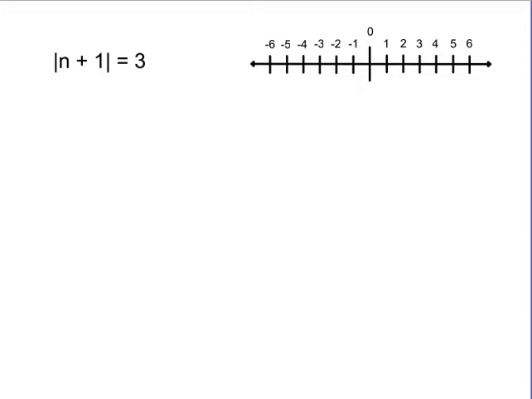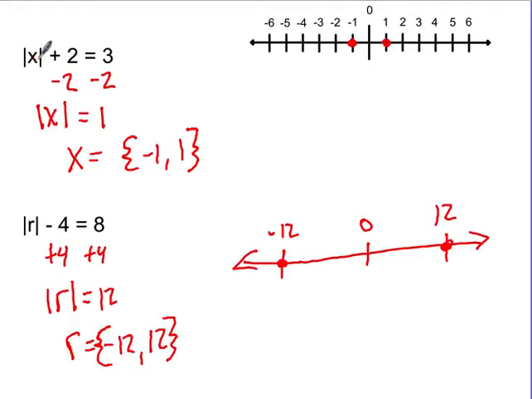Here we need to change gears a little bit because this is a different type of equation, because whatever is inside these brackets, we've already talked about. If I go back a slide, whatever x is, it could be a negative number or a positive number, right? It could be -1, it could be +1.